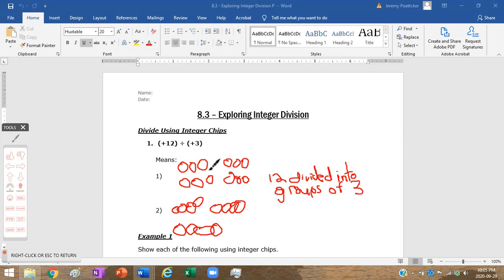Alright, and so what I've done here is I've said, okay, well, I'm dividing 12 into 3 groups. How many in each group? So I can also think of this as 12 divided into 3 groups.